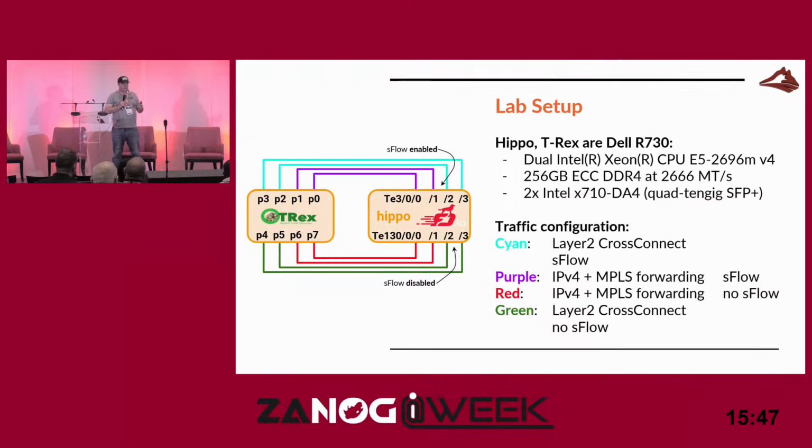So now I can do a test with red and green with sFlow disabled to see how many packets per second make it through. And then at the top, I'll turn sFlow on and see how many packets per second do I get when sFlow is turned on. And it's to be expected that it will be less, because the CPU now has to spend these 9 CPU cycles inspecting the traffic and these 17 to build the samples.